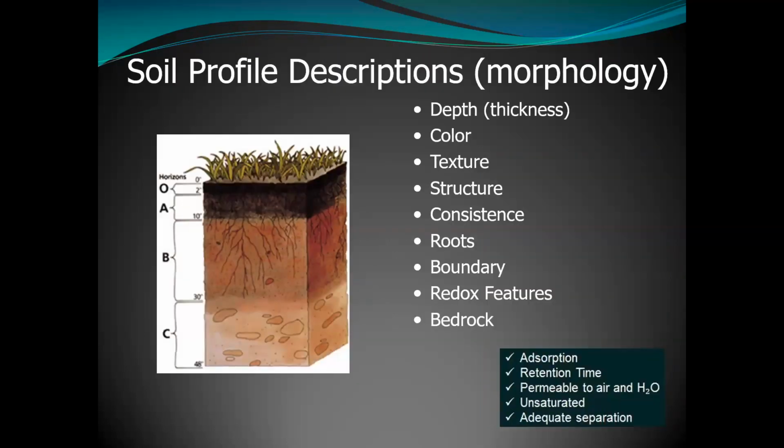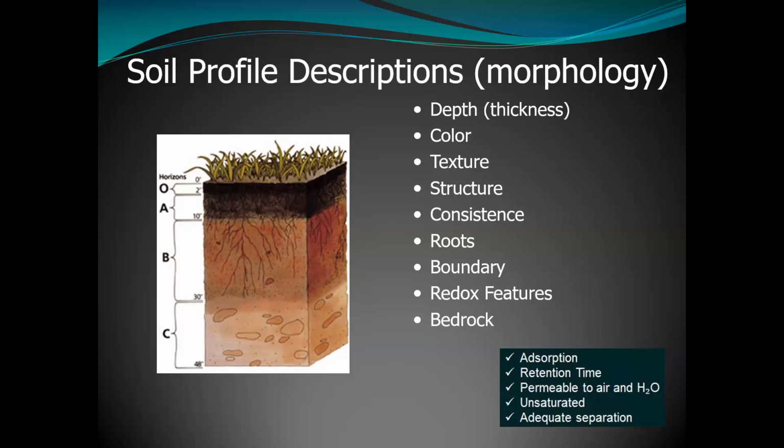Our profile descriptions, you can think of it as taking a slice or a box out of the soil, and we're trying to describe vertically, from the top down, the depth of each of our horizons in our profile. For each of those horizons, we'll break them out depending on various characteristics, such as a change of color, change of texture, change of structure, change in roots, redox features or not having redox features.